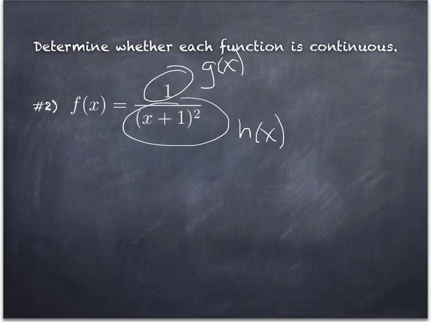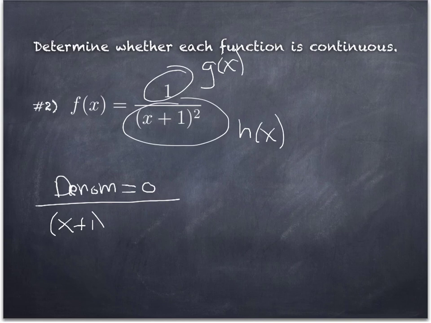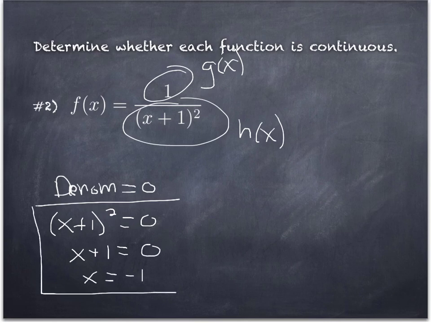So let's see if we can make our denominator equal to 0. If we can find a value for x that makes the denominator equal to 0, then that means this function is discontinuous. If we square root both sides, and then subtract 1 from both sides, we get x is negative 1, which means this graph is discontinuous. Specifically, what type of discontinuity is this?